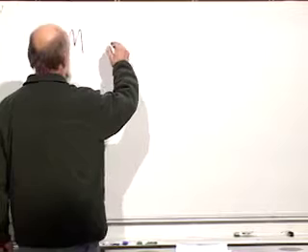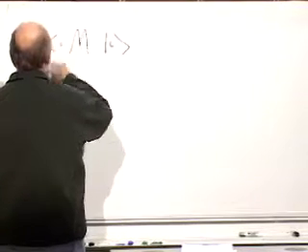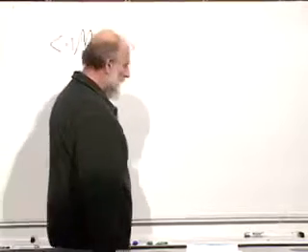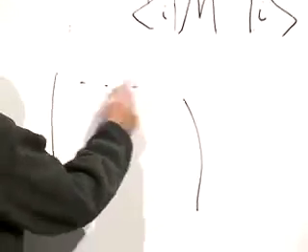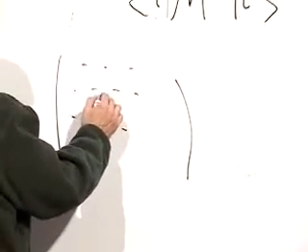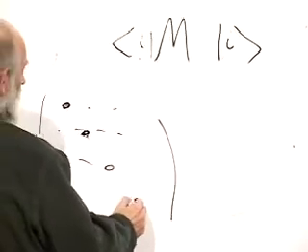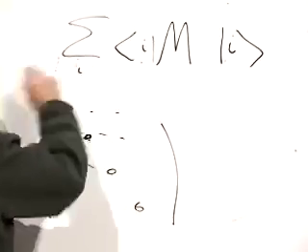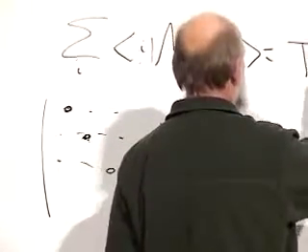Let's call them I. And take the II diagonal matrix element of M. If M is a matrix, then this just stands for the II diagonal matrix element. Here's the 1, 1 element, the 2, 2 element, the 3, 3 element, and add them all together. That's called the trace of M.